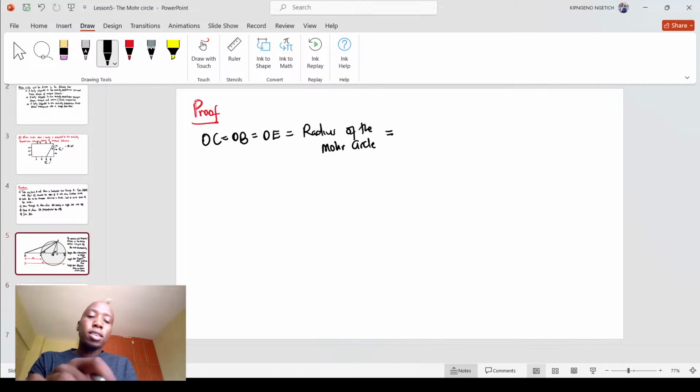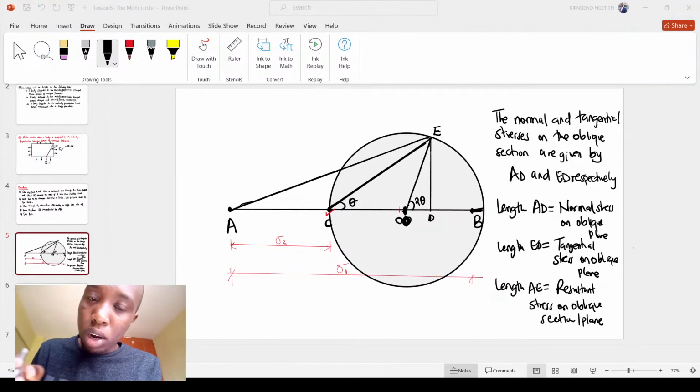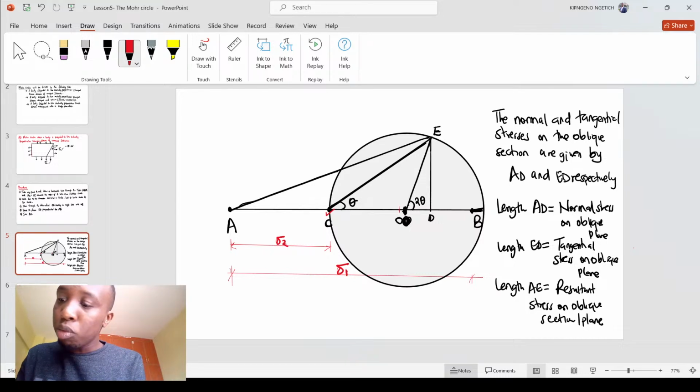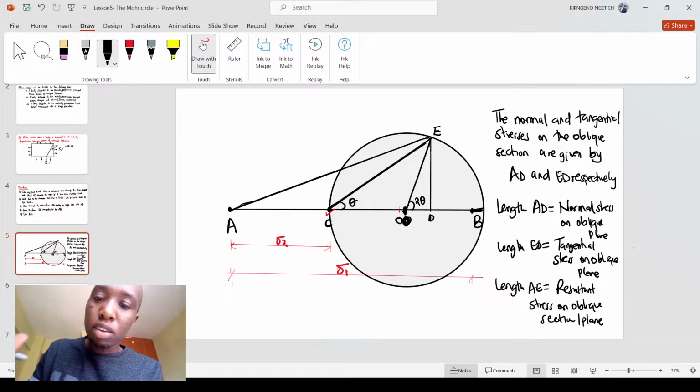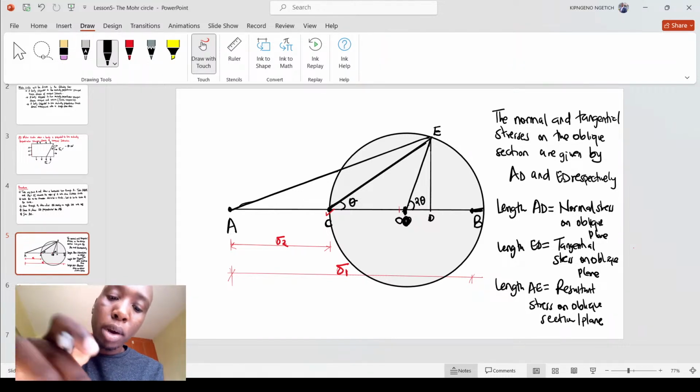From analysis, how will you obtain this radius? If this is stress 1 and this is stress 2, then the diameter will be stress 1 minus stress 2.